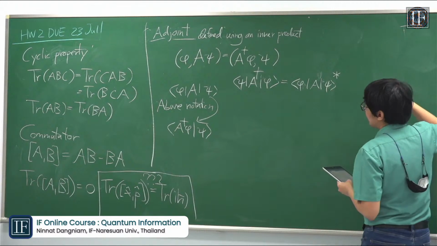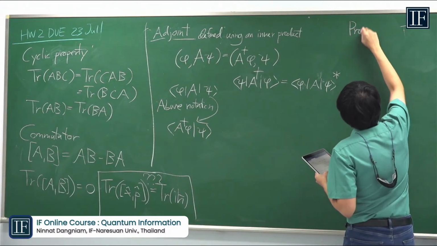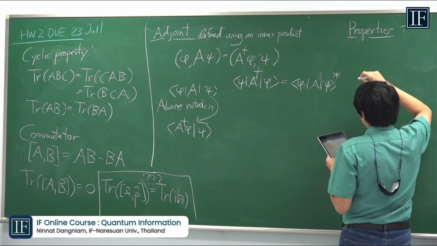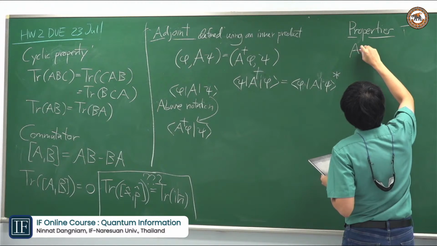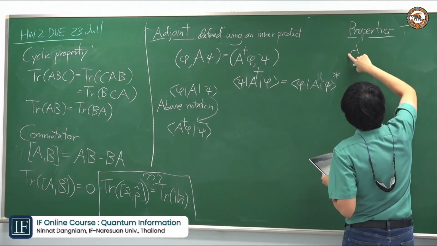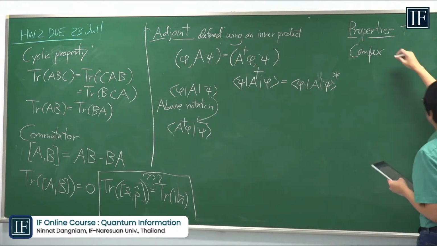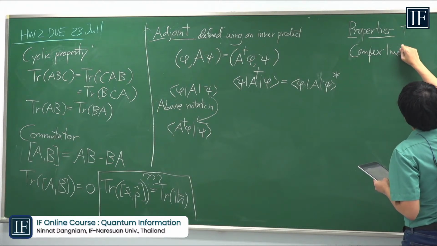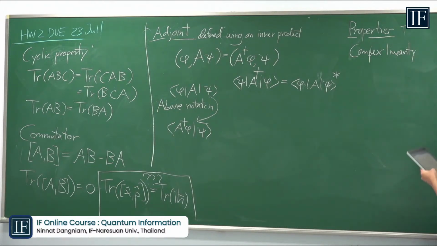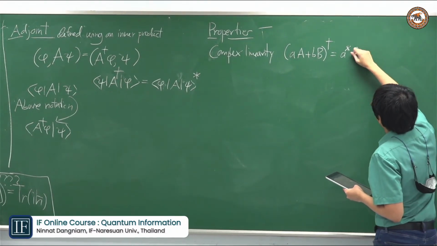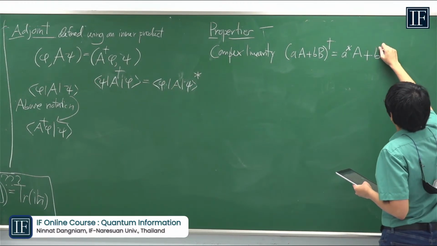So, some properties. Trying to use the same terminology as when we introduced the inner products: if I take an adjoint of a linear combination, then the complex scalar comes out, but it becomes a complex conjugate.